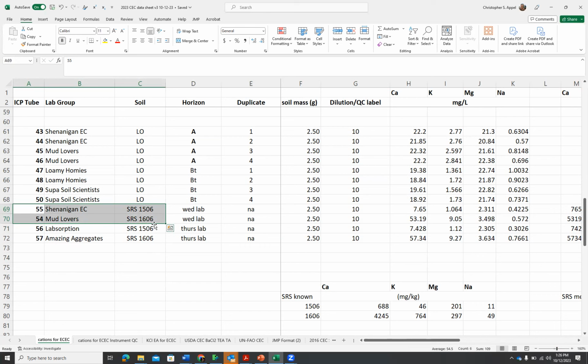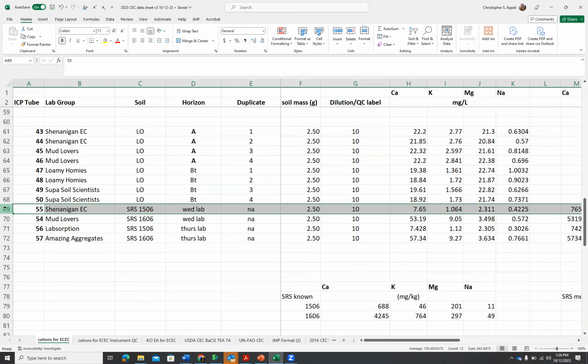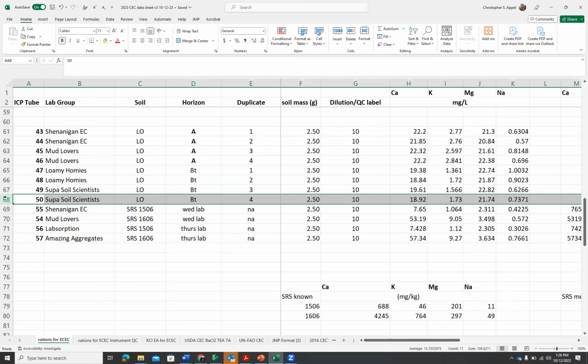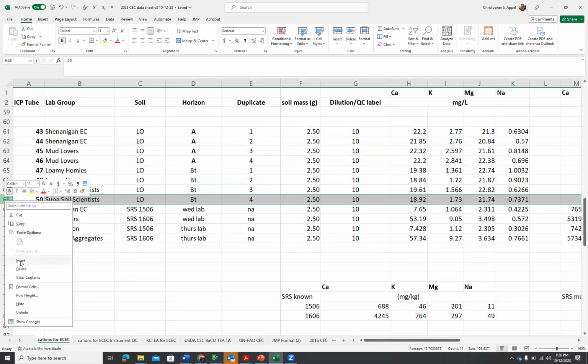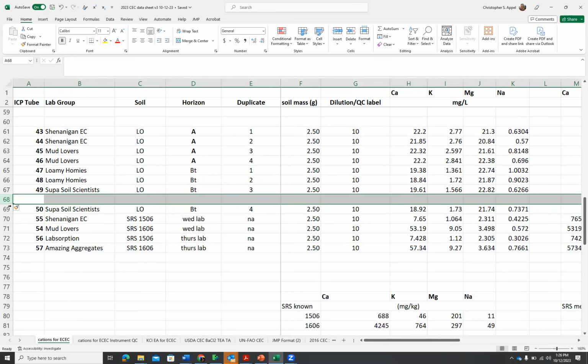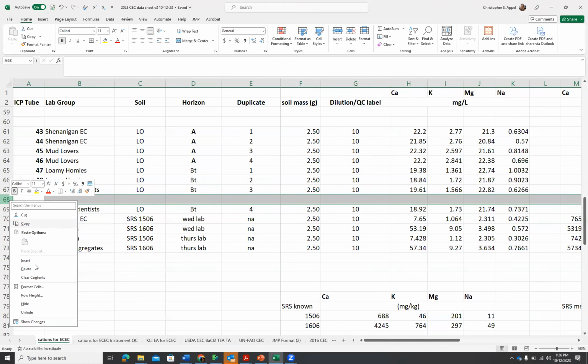Okay. So change the order, and one way to change the order is to insert a cell. So if you click above the place that you want to insert, actually, let me do this. Click where it says 50, and then right click and go to insert. That's not what I wanted. Delete that, sorry.